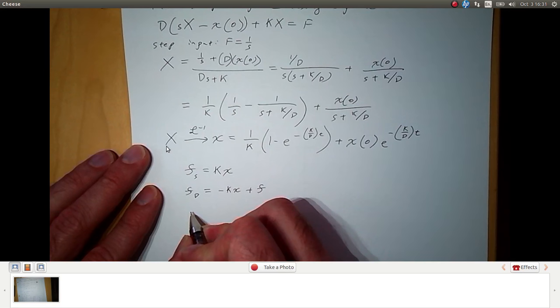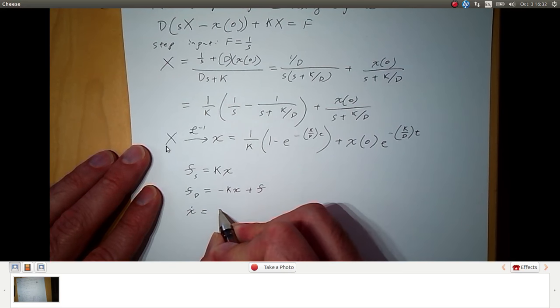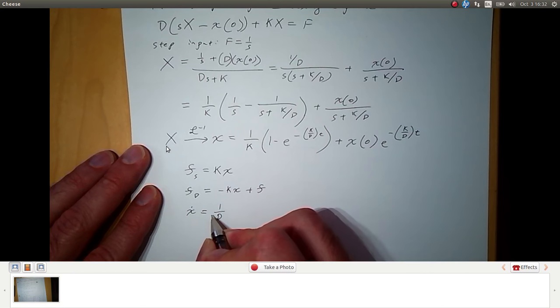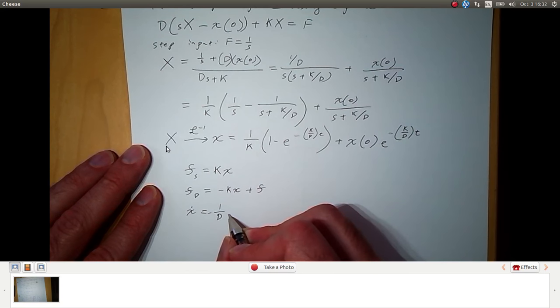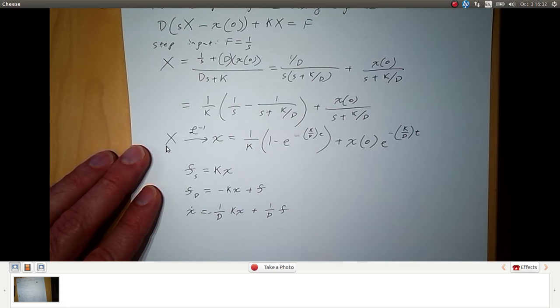We could also solve for the velocity, and we want to get that in terms of the state variables and the input. So we have negative 1 over d times kx plus 1 over d times f.